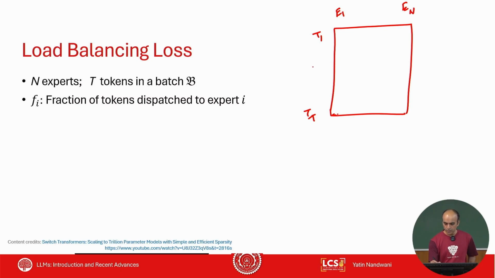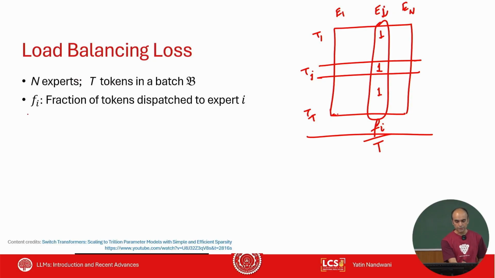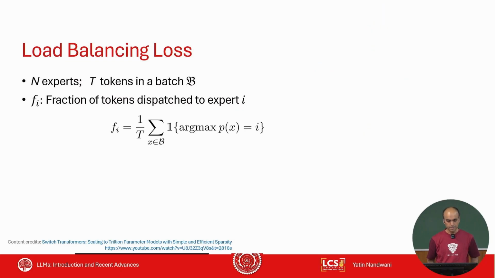So let's say token j is routed to expert i, so this is 1 here, right? And then we can count which other tokens are routed to expert i, right? So here we will get f of i, which is going to be the sum of this divided by t, the number of tokens that we have, right? The fraction of tokens dispatched to expert i is f of i, which is defined as this.